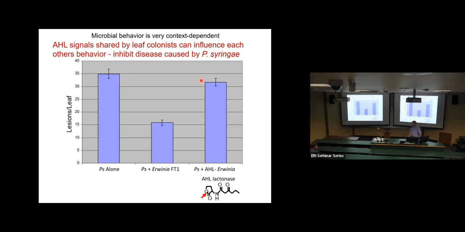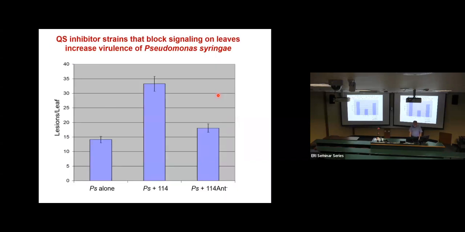And there you see then that the amount of disease is very similar to that of the pathogen by itself. That it was the presence of this extra signal molecule which stopped Pseudomonas syringae from moving around on a leaf, prevented its ability to get into the leaf where it could cause disease.